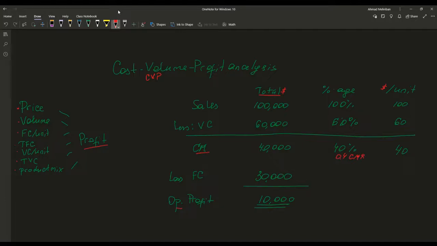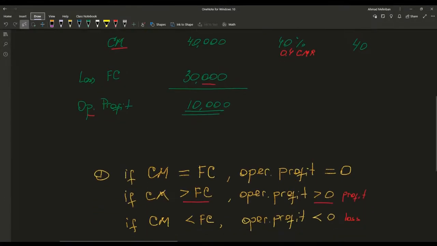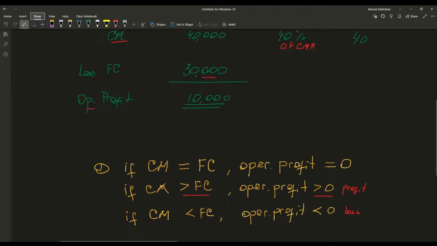We also have a per unit basis, so we can assume that we sell 1,000 units, and these are our per unit basis calculations. We have total fixed cost, which is $30,000, and we deduct it and reach our $10,000 value of operating profit. There are a couple of observations to notice here.